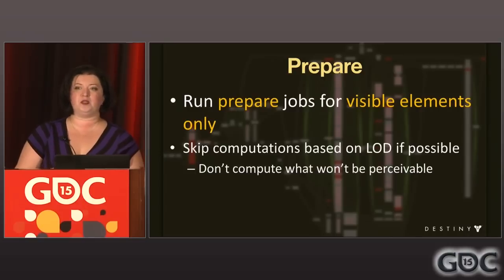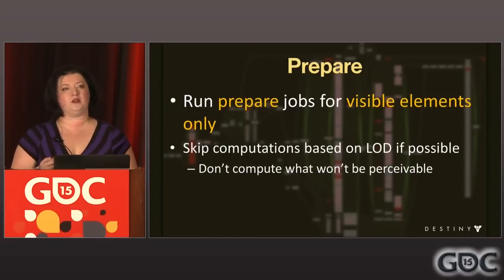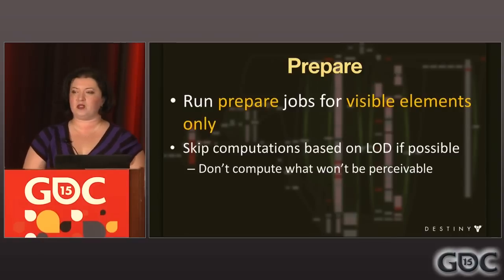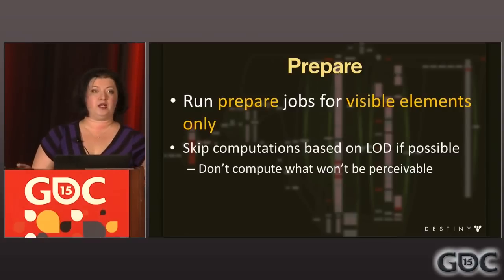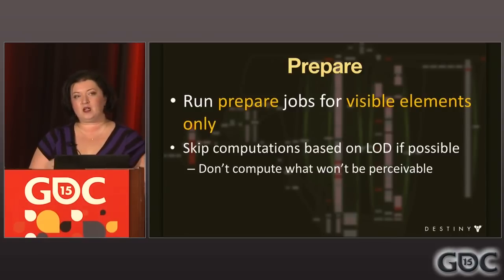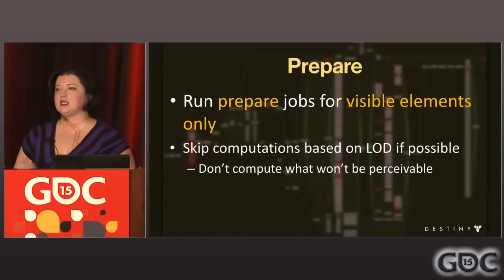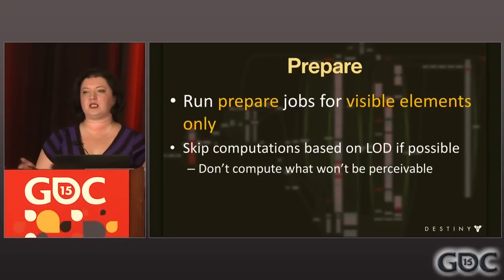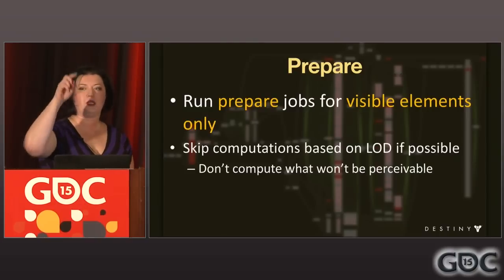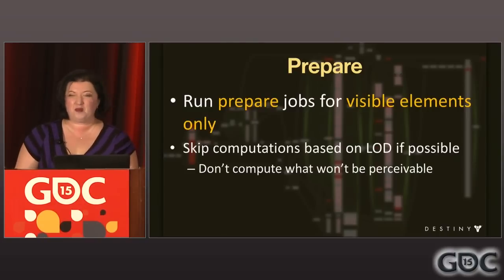We're also going to do this computation only for visible elements. Because we're running all of this after visibility has run, we avoid any extraneous work for elements that won't be seen. Another optimization we can do is use LOD to skip computations that won't be perceivable by the player. For example, I don't want to simulate finger bones for somebody in the back row because, well, we probably won't notice them.